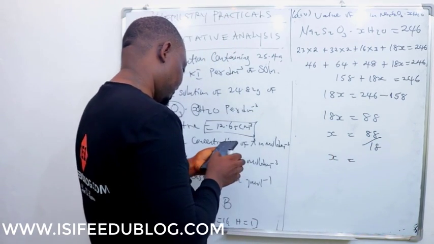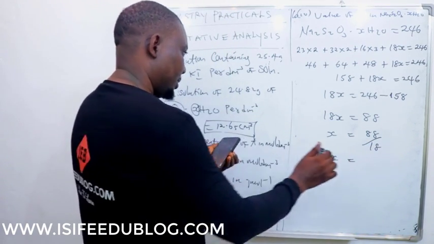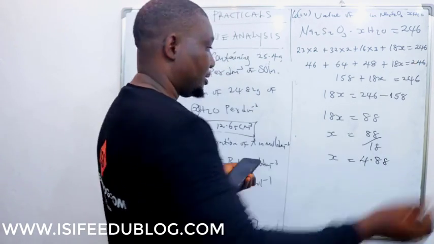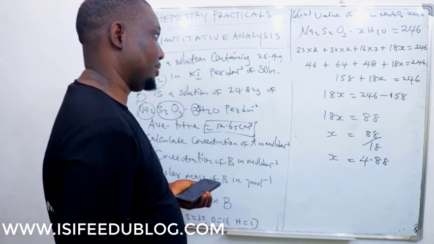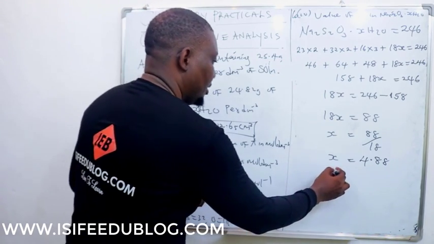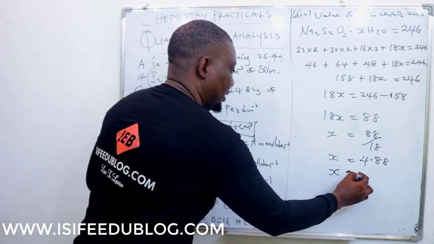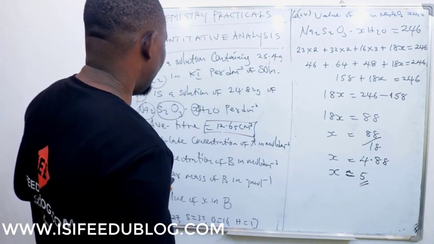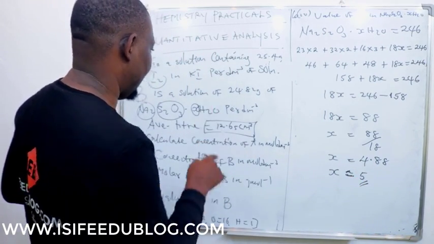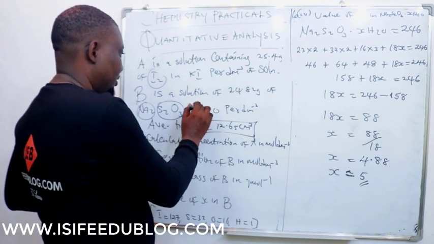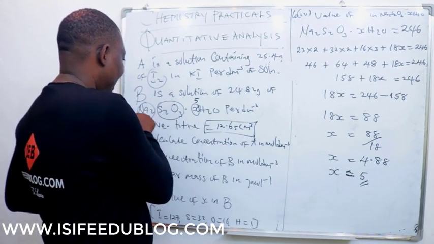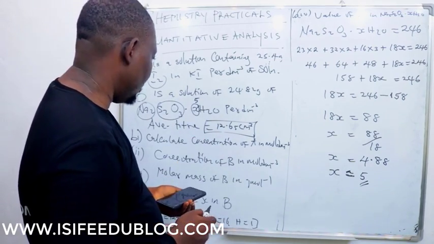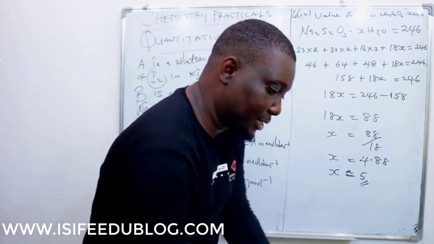That gives me 4.88 and so on. But you know that in this case the value of x must be a whole number. So x here is actually 5. If you look at what is given in the first equation, it was 5. It means that this is sodium thiosulfate pentahydrate according to the value of x.